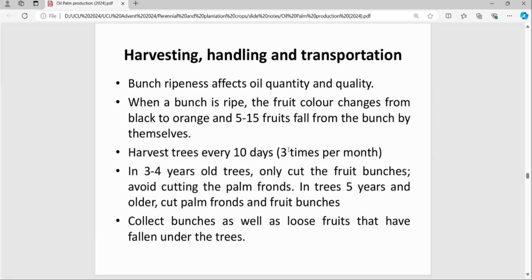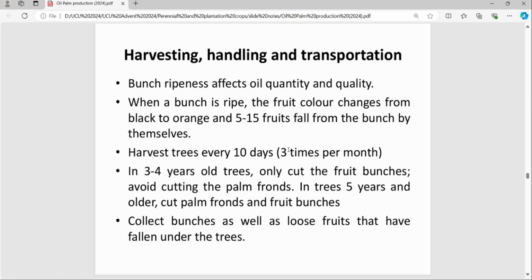When a bunch is ripe, the color changes from black to orange, and you will normally see 5 to 15 fruits falling off from that bunch by themselves without any form of force. So harvest trees every 10 days, and this means that you will harvest 3 times within a month when you start harvesting.